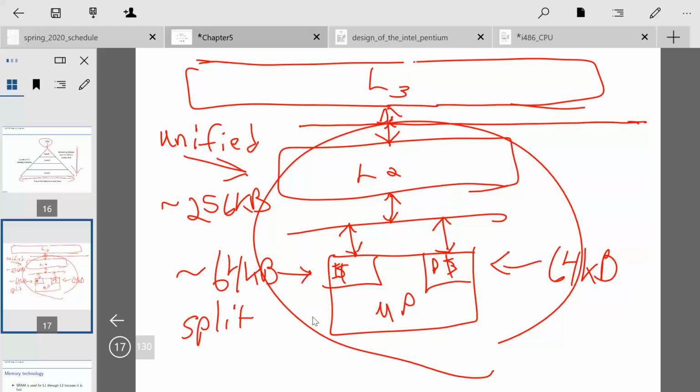Each processor typically will have its own private level 1 and level 2 caches, and then they'll share the level 3. So just imagine in this diagram that I duplicate this processor and level 2 diagram and connect it up to this level 3 bus here. And so that allows us to share memory. Memory is shared at the level 3 typically.